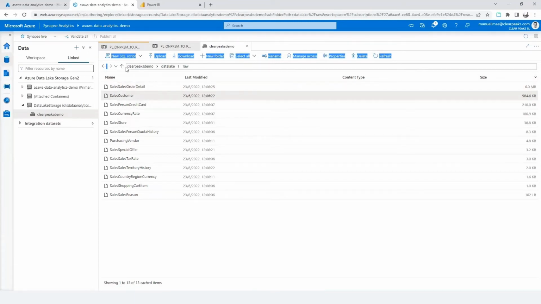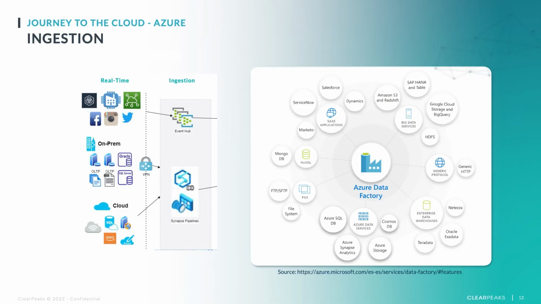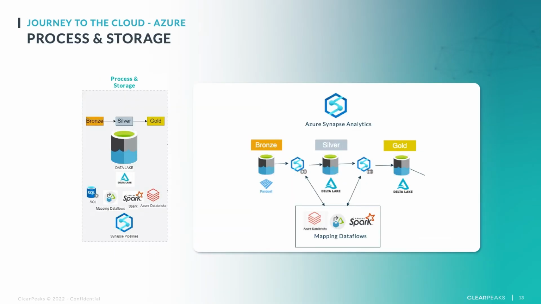So once the data is ingested, we have to make use of the SQL serverless pool to analyze this. At this point, we have the raw layer. We have to convert this data that is here in the raw layer to make it query ready. For this demo, we are going to make use of the SQL serverless pool, which brings us a SQL Server look and feel.